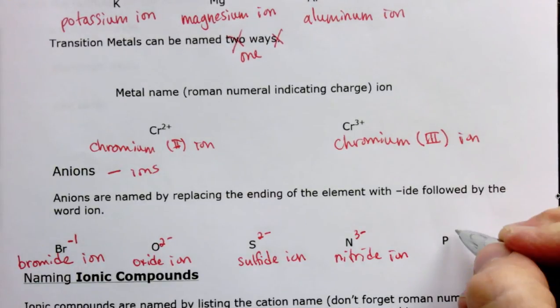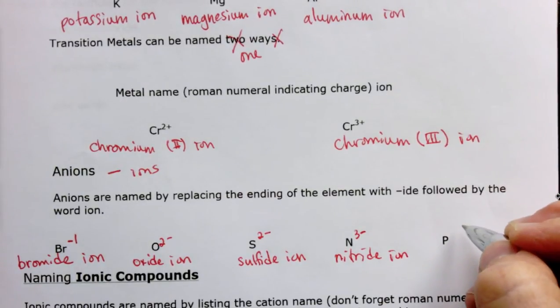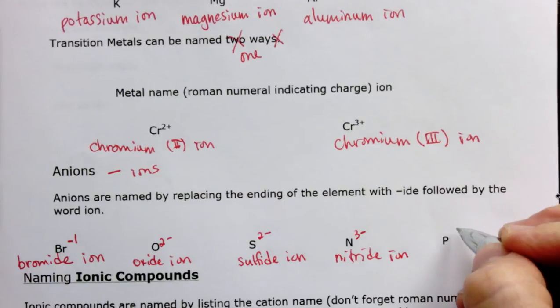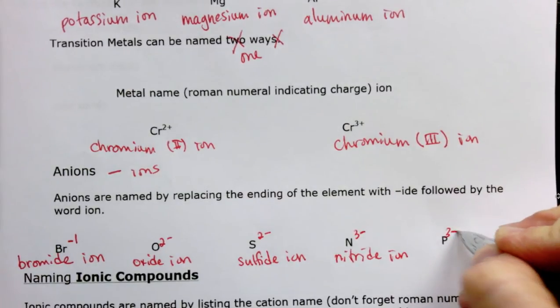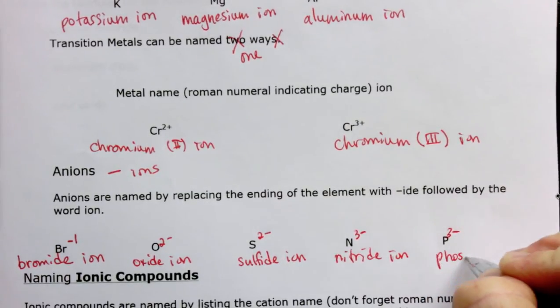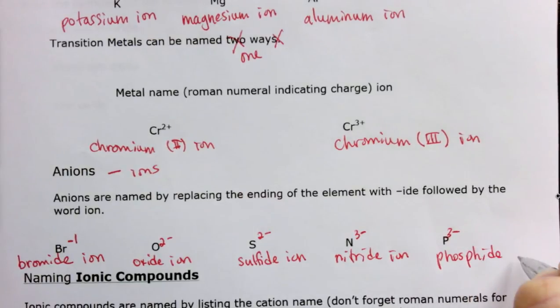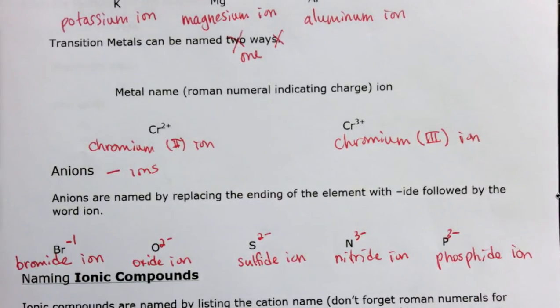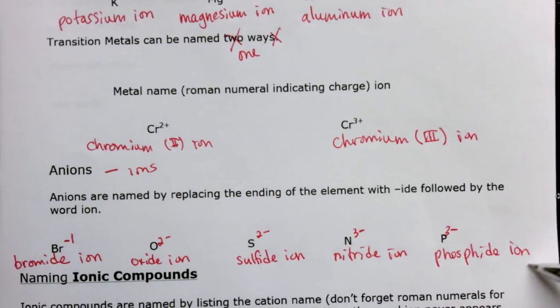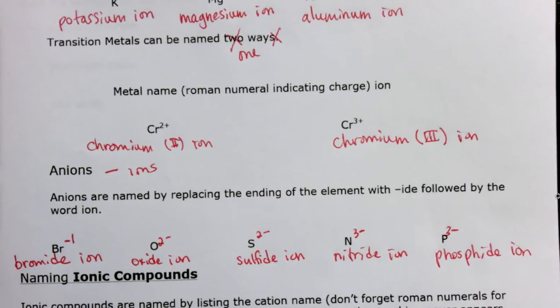And then phosphorus is also in group 5. It gains 3 electrons, so it has a negative 3 charge. Phosphide ion. So we've learned how to name cations. We've learned how to name anions. The key with all of these is that they have the word ion after the name.